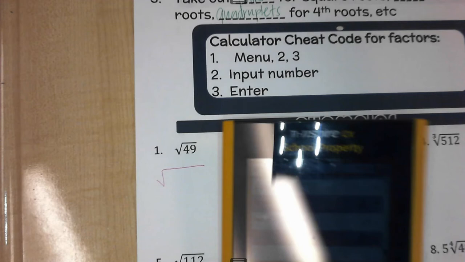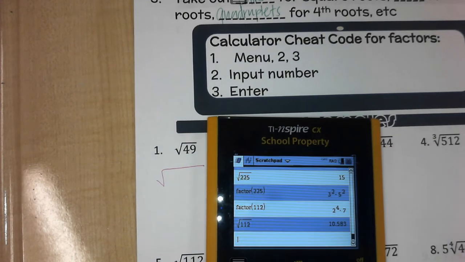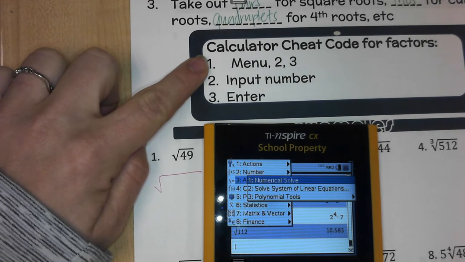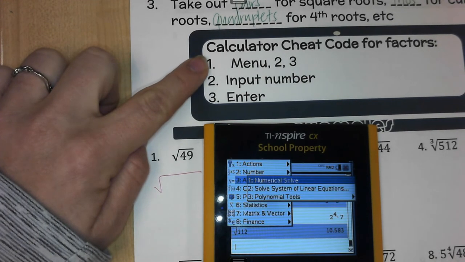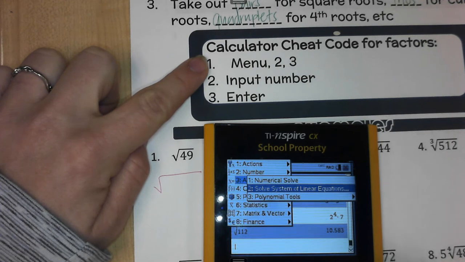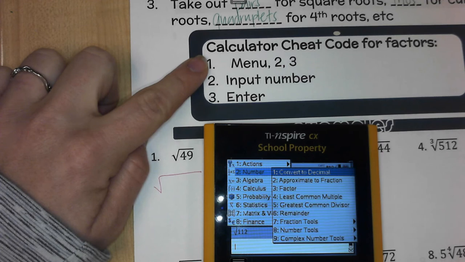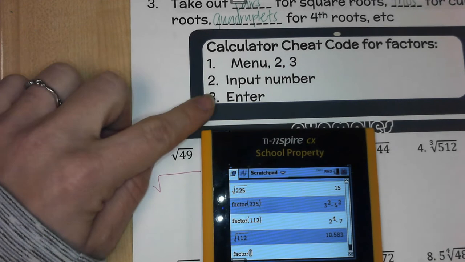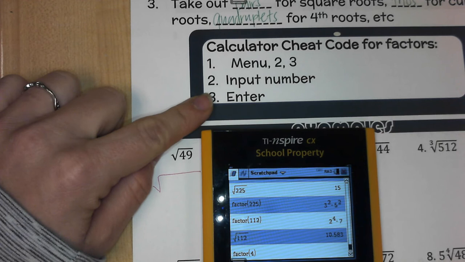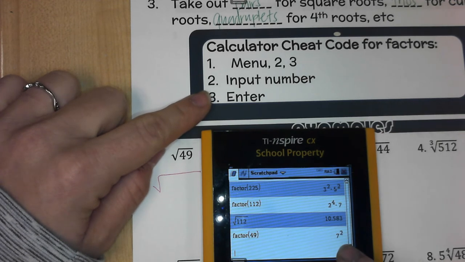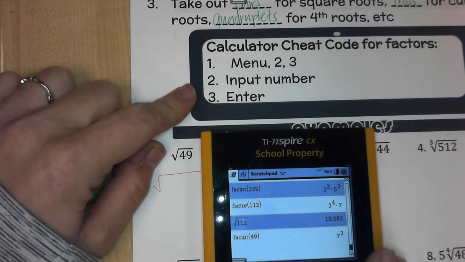Using the cheat code, it says menu, 2, 3, and then you put in the number 49, press enter, and this gives you the factor. This means that our factors of 49 is 7 times 7.